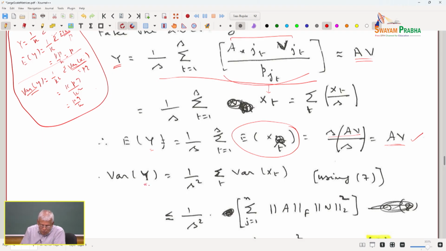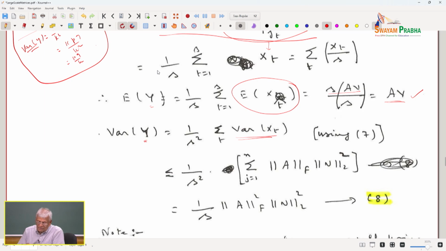The variance of y is going to be 1 over S square times the variance of x_t, and using equation 7, the variance of x_t is less than the product of the Frobenius norm of A times the 2 norm of v. That is for one x_t. The variances of all the x_t's are bounded by the same quantity, so I am going to add this quantity S times. The numerator is S times this, the denominator has S square.